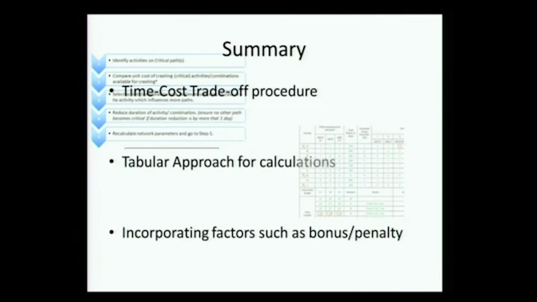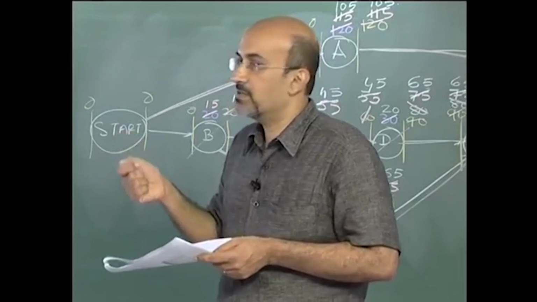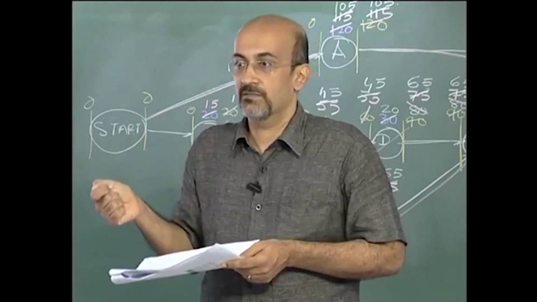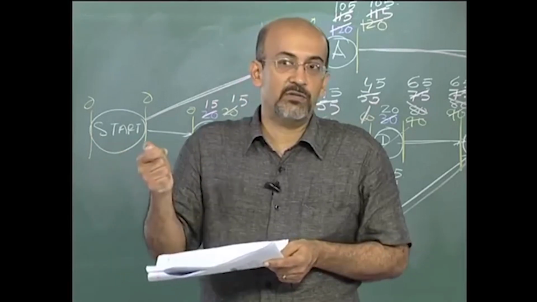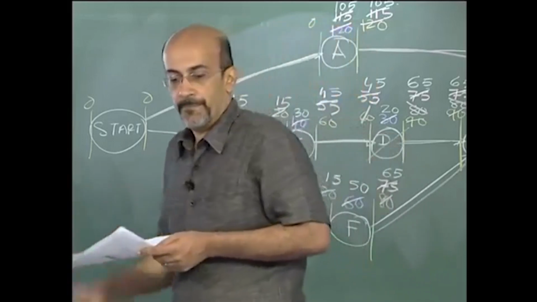Finally we saw how you can incorporate factors such as bonus and penalty, or any other cost that might come in, and it is only an algebraic addition. Right now we are not looking at it as functions, it is just an algebraic addition, but it has to be done systematically so you can see where your total cost changes, and then capitalize on that. Okay, thank you.